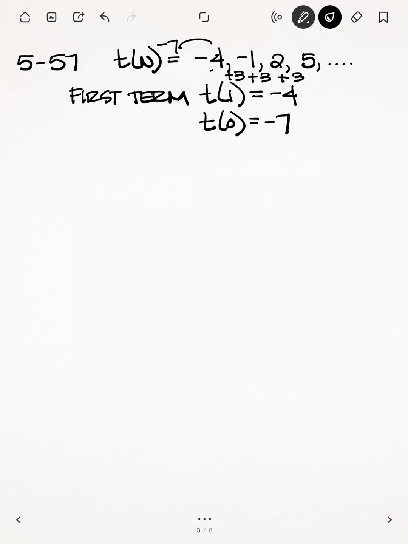What is the common difference? We'll have to abbreviate that so I don't have to write that out every time. The common difference is 3. All right, on the next part, they want us to write an equation. So do we have enough information to write the equation?